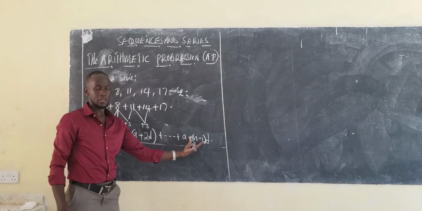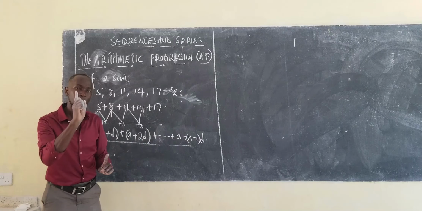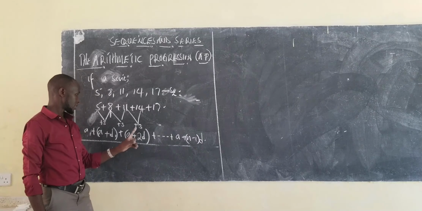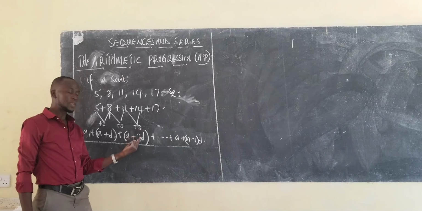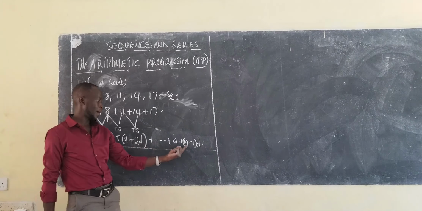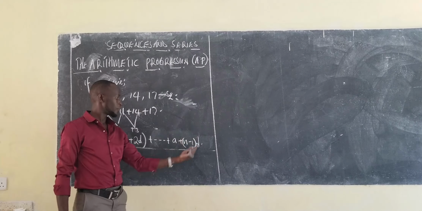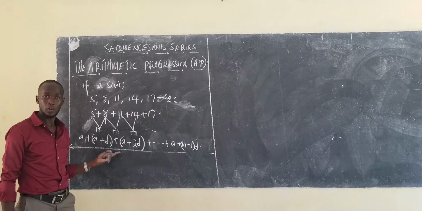Why do I say this? It is because wherever we are getting the next term, we subtract 1 from the position. This is the third term, but remember, we have 2d. Why? n would be 3, we subtract off 1 to remain with that 2 multiplied by d. Practically here, n would be the nth position, so we subtract 1 from it to maintain the order of everything.